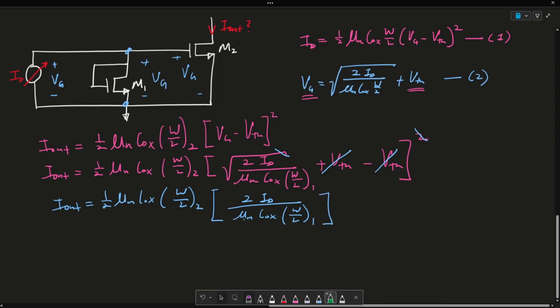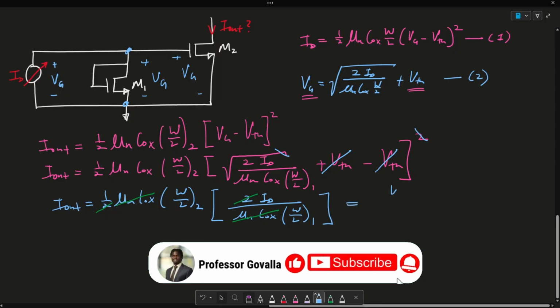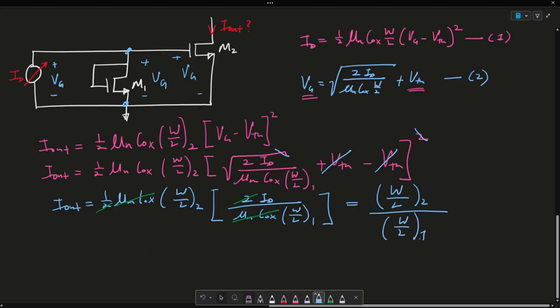And what we can see is that mu COX here cancels out with this mu COX. This 2 cancels out with this 2. And so I out is essentially equated to W over L of my second transistor over W over L of my first transistor times ID.